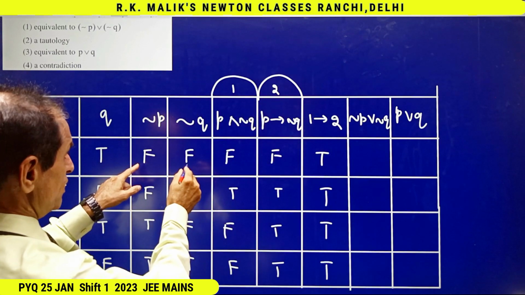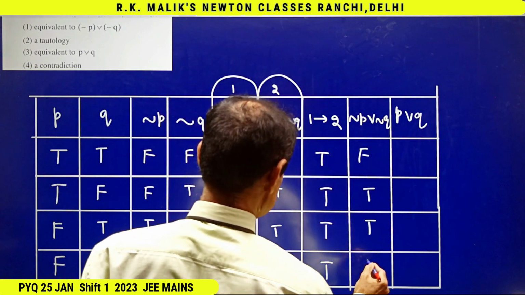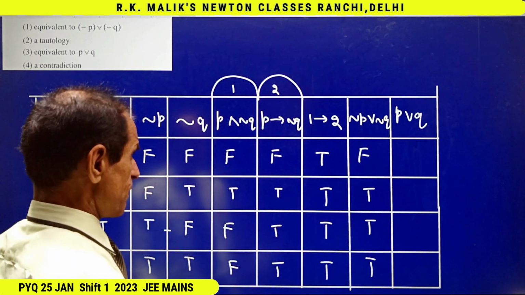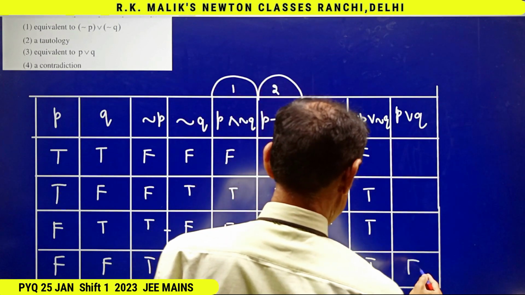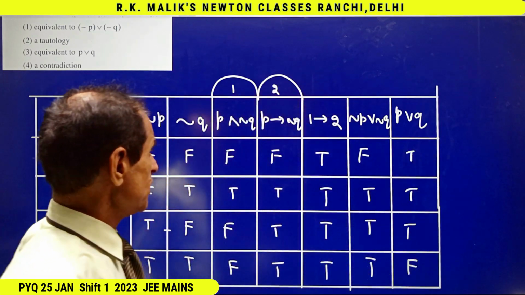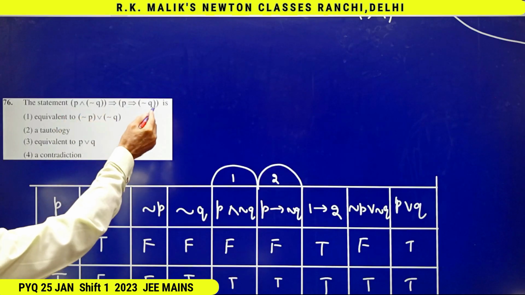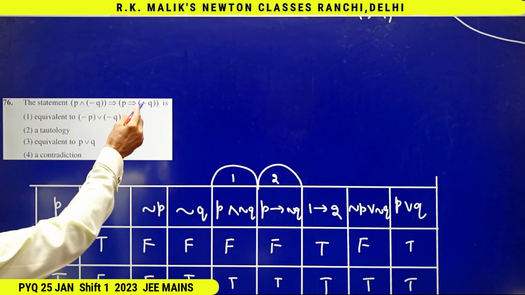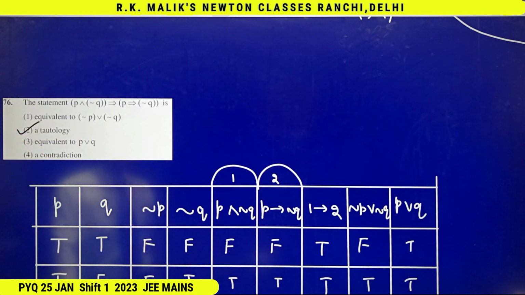Both are false here, therefore it will be F. In all others, I will be getting T. This will be false only if both are false, that is F here, T, T, T. Hence I can say that 1 implies 2, that is the given statement, is a tautology. Hence I can say the second choice is correct.